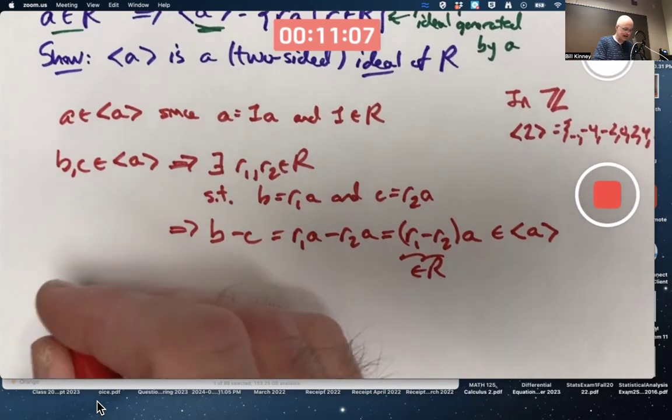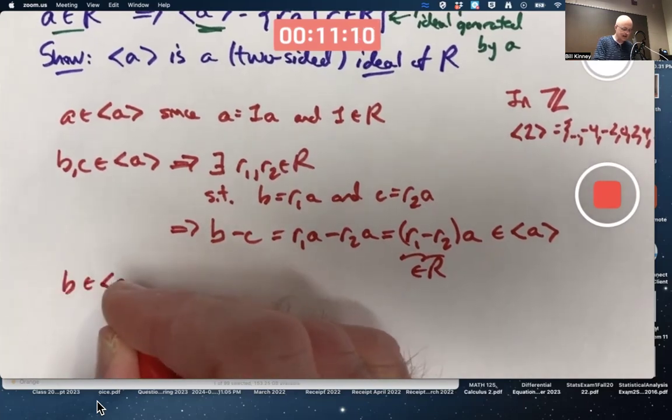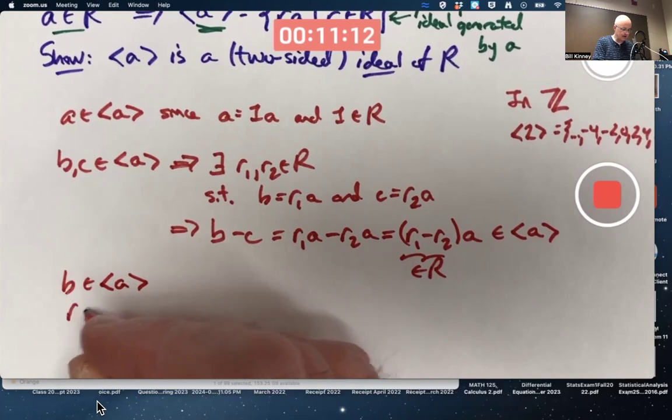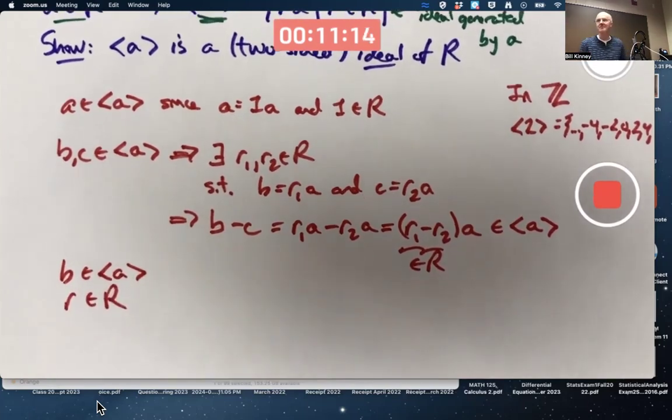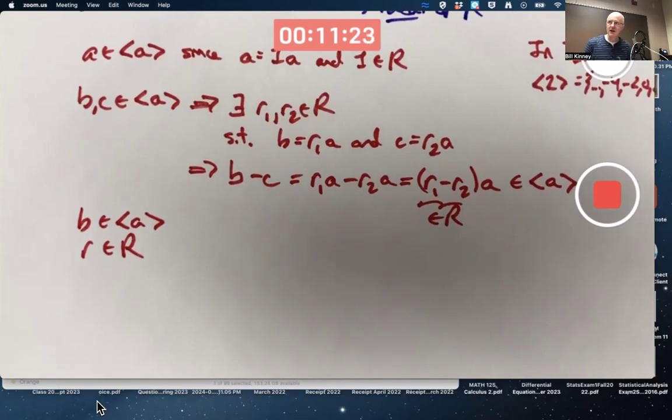Give me an arbitrary element of the ideal and an arbitrary element of the ring, and show that when you multiply those things, you stay in the ideal. It's more than closed under multiplication. It's super closed. That's not an official term. It's just my own term.